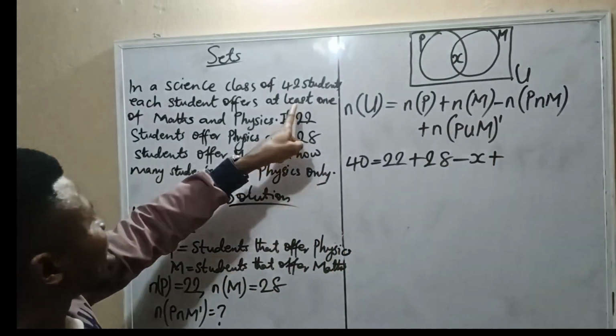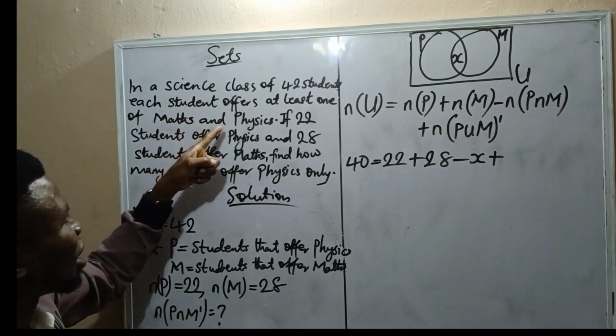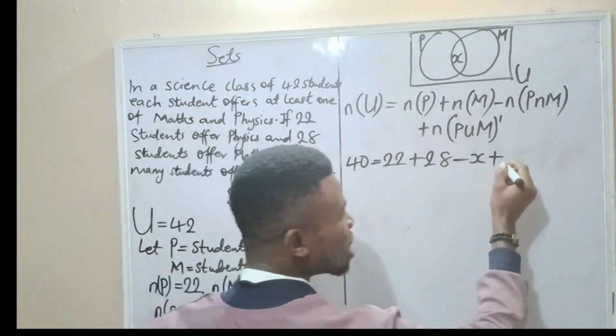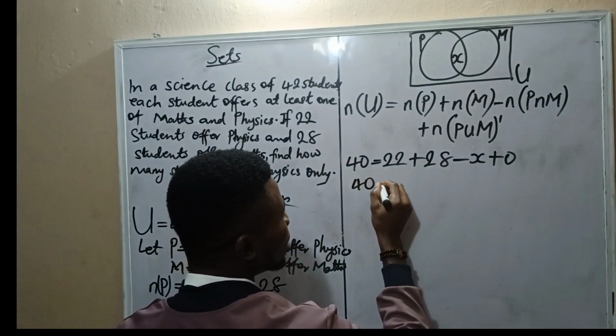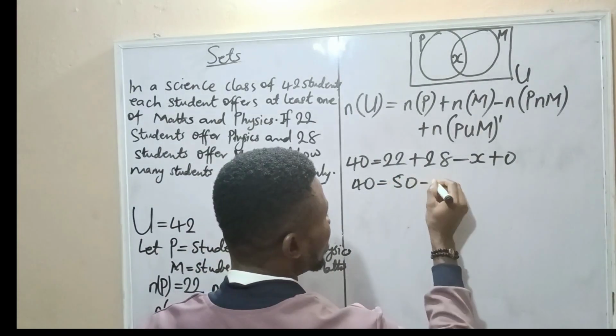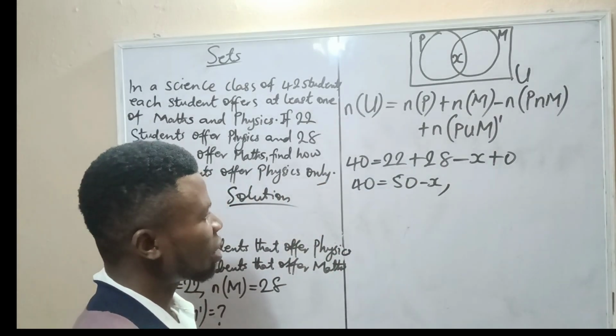Because of this statement, each student offers at least one of maths and physics, it means there is no student that does not offer any at all. So this equals 0. Then we have 40 equal to 22 plus 28, which is 50, minus x. Of course, 0 is out already.